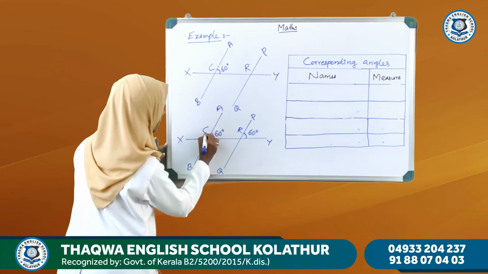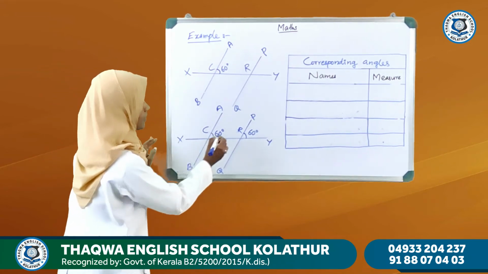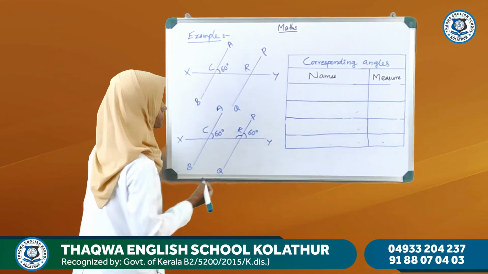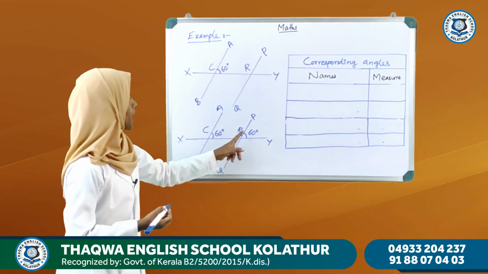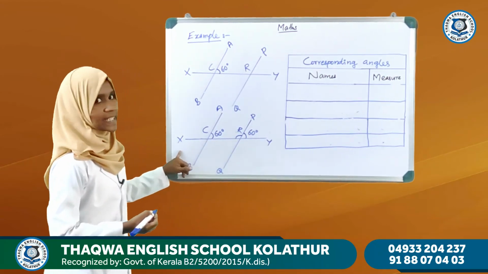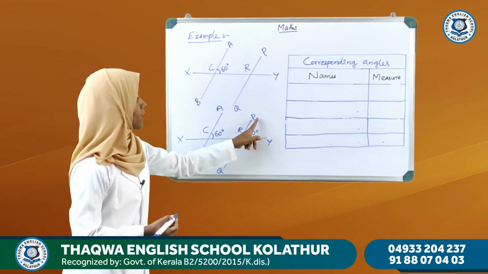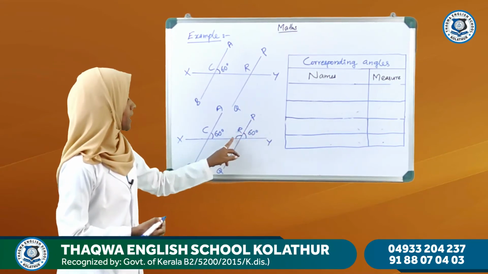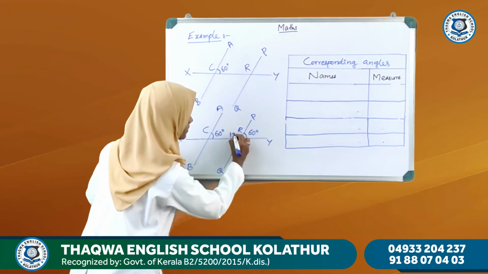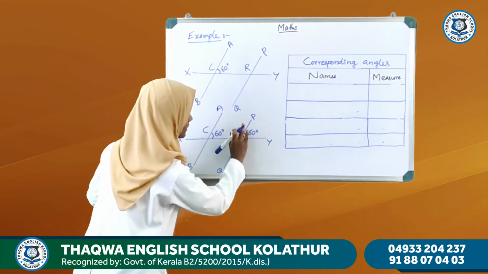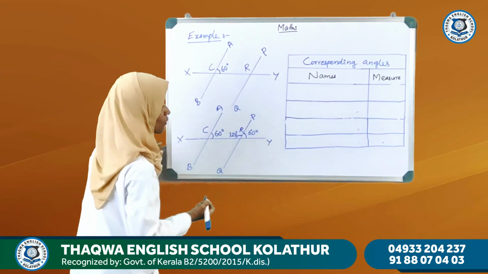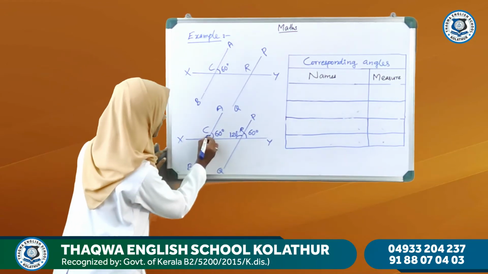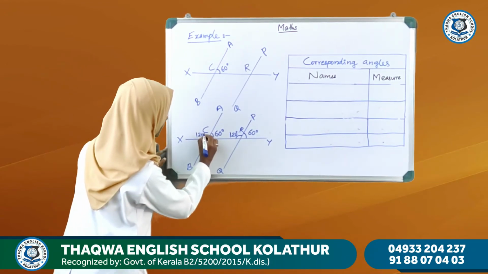Okay, here C. Then next we have to find out angle PRX. What is the value of angle PRX or measure of angle PRX? Here is 120. Okay, 120. Then here also 120.